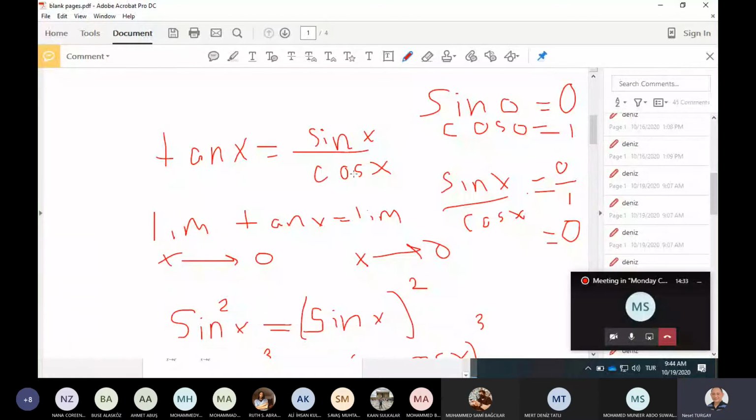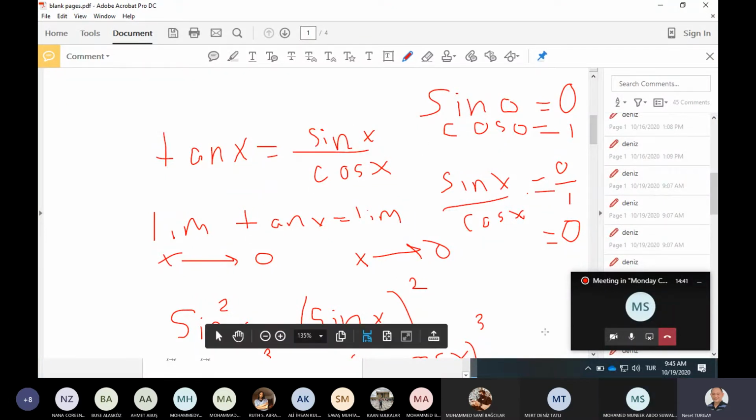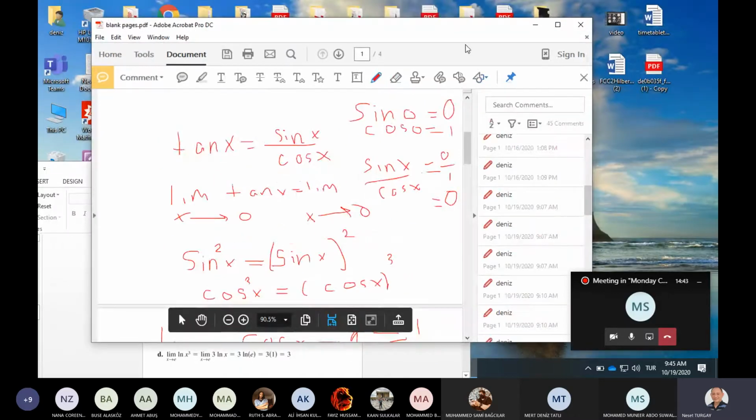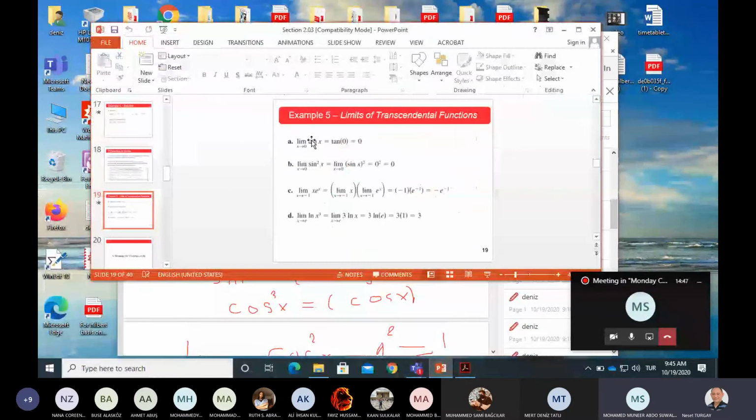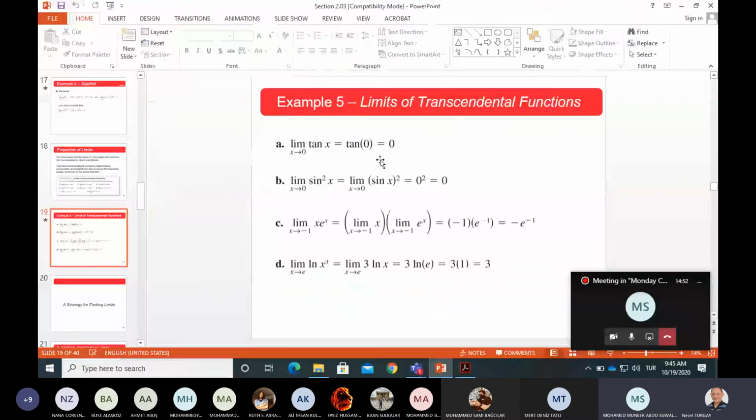You remember? So sine 0 is 0, cos 0 is 1. So 0 over 1 is what? Exactly. So for that reason, we say that this is 0.